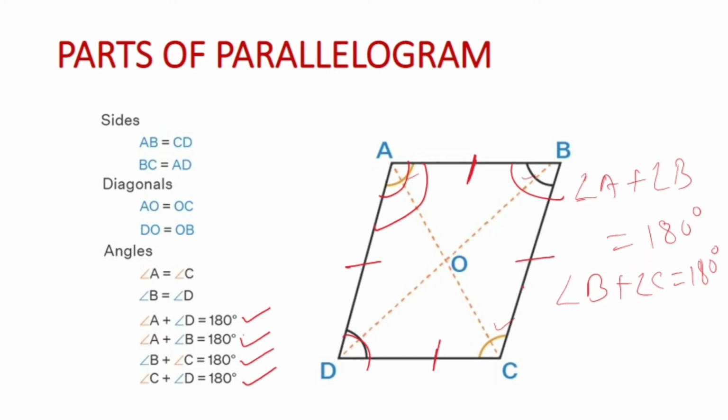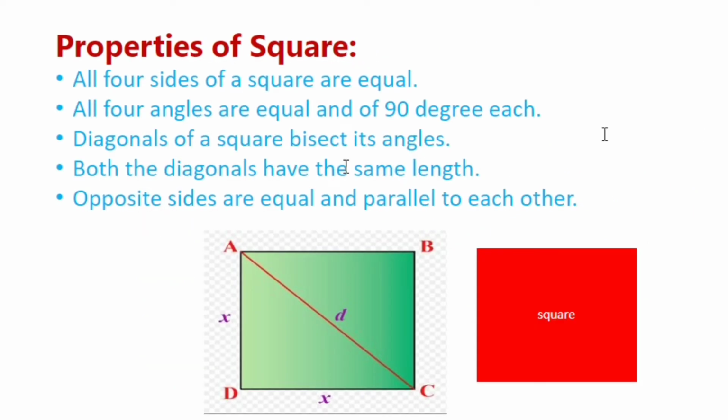So, first, properties of a square. Do you know, my dear learners, all four sides of a square are equal, and all four angles are equal and of 90 degrees each. Here is the figure, no? This one, this one, this one, this one, isn't it?